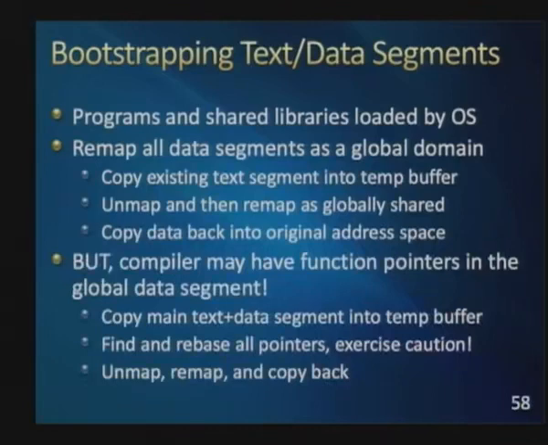So every time we load the program or another shared library, we have to take those regions of memory, copy them aside, unmap them, remap them to be shared across all ribbons in our group, in our currently executing process, and then copy the data back.